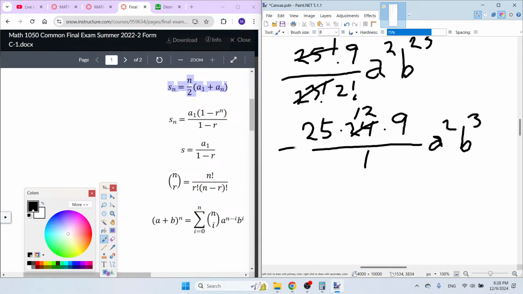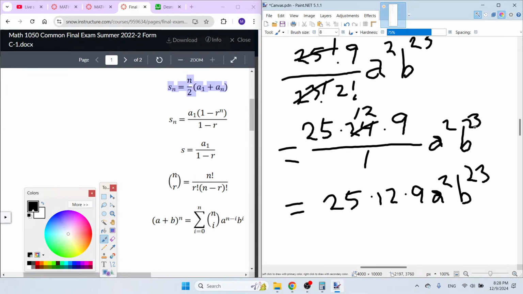And just cleaning that up a little bit more, we get 25 times 12 times 9, a squared b to the 23rd. I should say 23 up there, like Michael Jordan. You can multiply further, but this is technically considered a complete solution for the test.